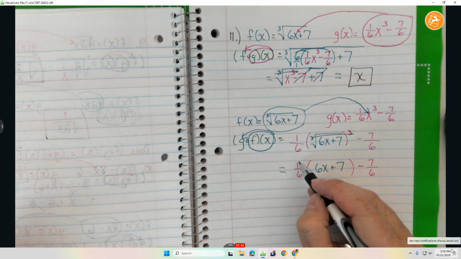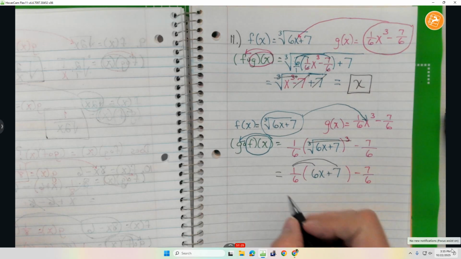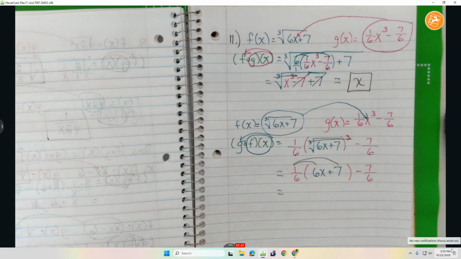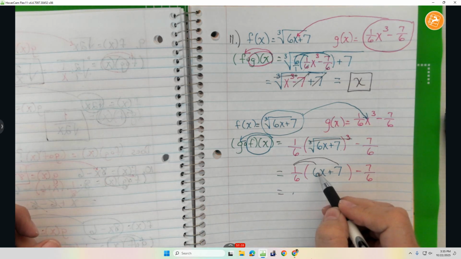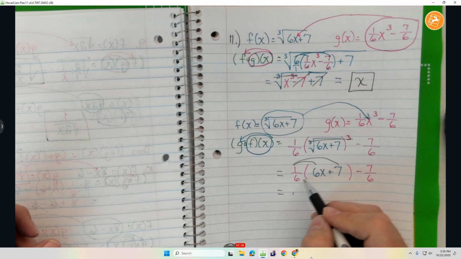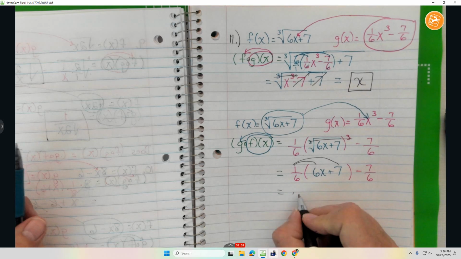And now distribute. You have to distribute a 1/6, but you can handle it. The 1/6 times 6, what's going to happen there? The 6's cancel, and we're just left with 1x, or just x.